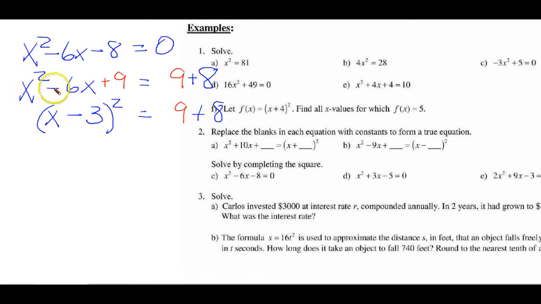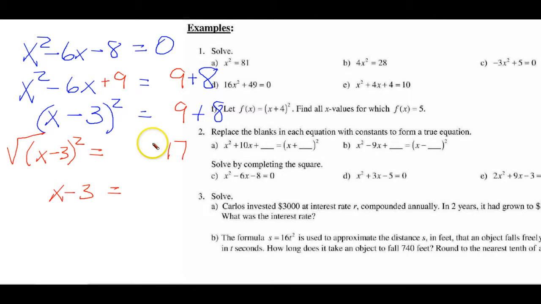So now this is a perfect square trinomial that will factor into this, and it equals that. So now we have x minus 3, the quantity squared, equals 17. Just adding these together. So we take the square root of that, and we get x minus 3, the radicand.